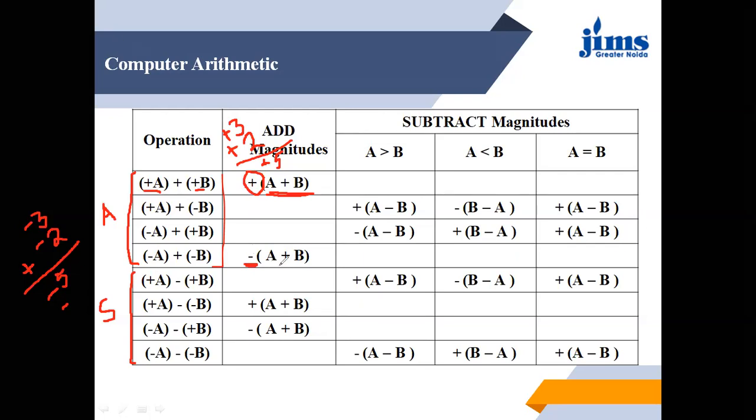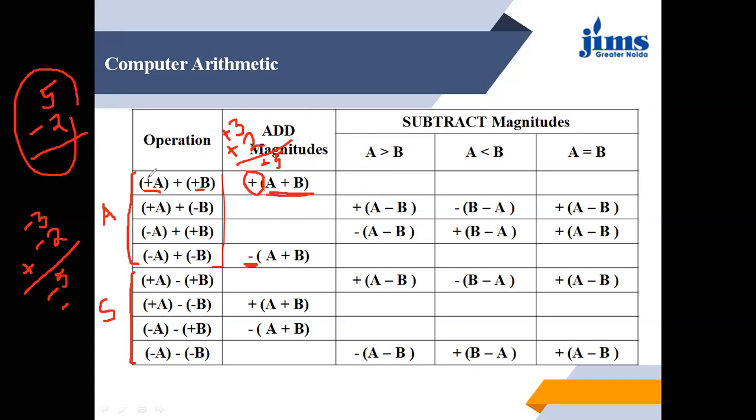But things start when we have to add two numbers with different signs. In the next case, I am adding plus A and minus B, for example 5 and minus 2. We are adding two numbers whose signs are different.